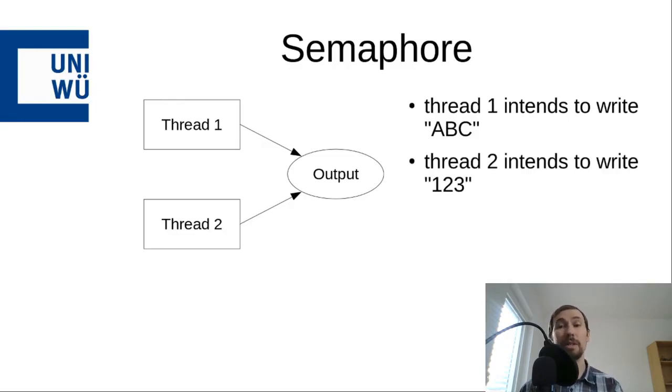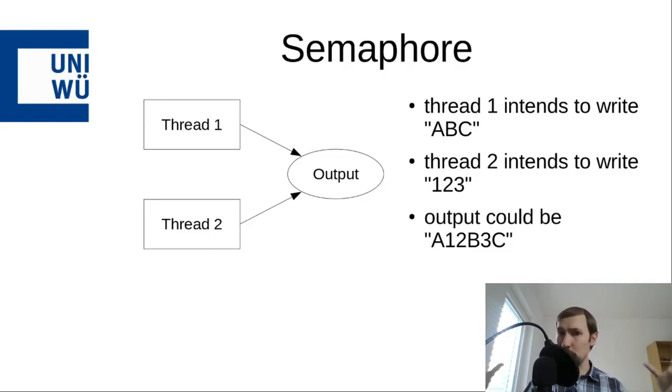The second thread intends to write 1, 2, 3 to the output device. We just assume both threads have the same priority. That means they are scheduled in a round-robin manner, so they are executed interleaved, switching from one thread to the other.